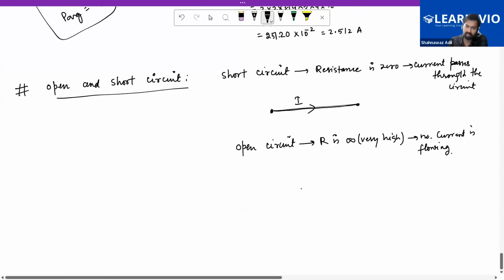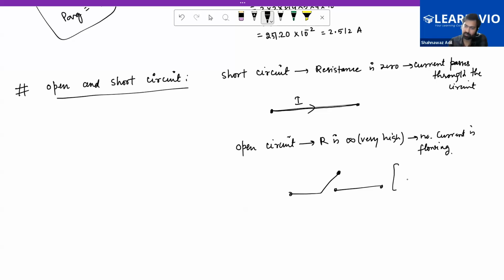Right. So let's say if I draw something like this. So this is an open circuit, right? In this circuit, no current is flowing. So this is open circuit. And this is short circuit.